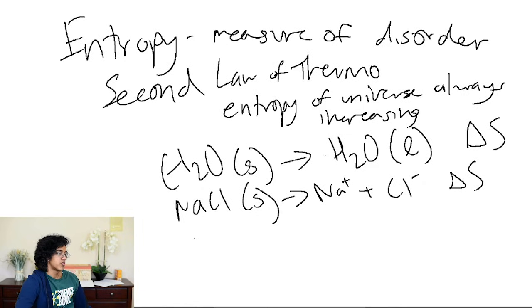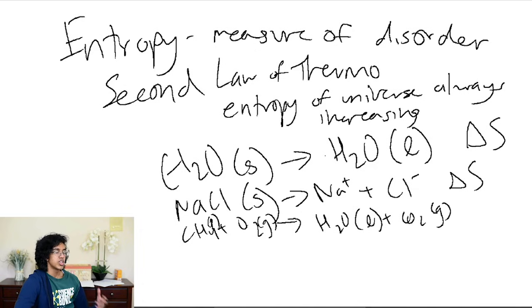What happens if you go from, let's say, CH4 plus O2 yields H2O liquid plus CO2 gas? Well, basically, you're going from two molecules of gas to one molecule of gas and one molecule of liquid. Now, liquid is clearly more ordered than gas, so this is going to have a delta S of negative because it is decreasing in entropy. It's getting more ordered.